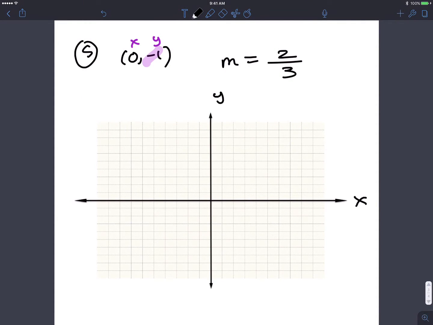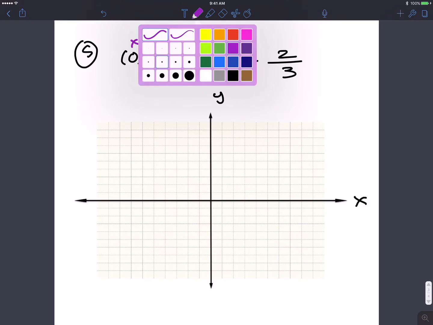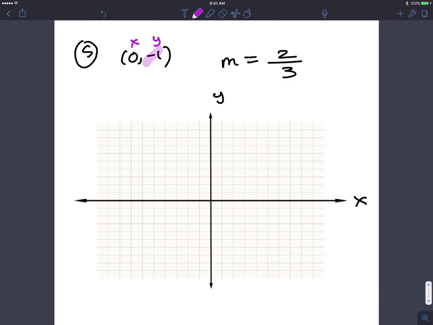X-coordinate, y-coordinate. 0, -1. We're going to start at -1 on the y-axis, and if we start at the origin and go down 1 unit, this is where 0, -1 is. Remember, there's no movement horizontal, left or right.